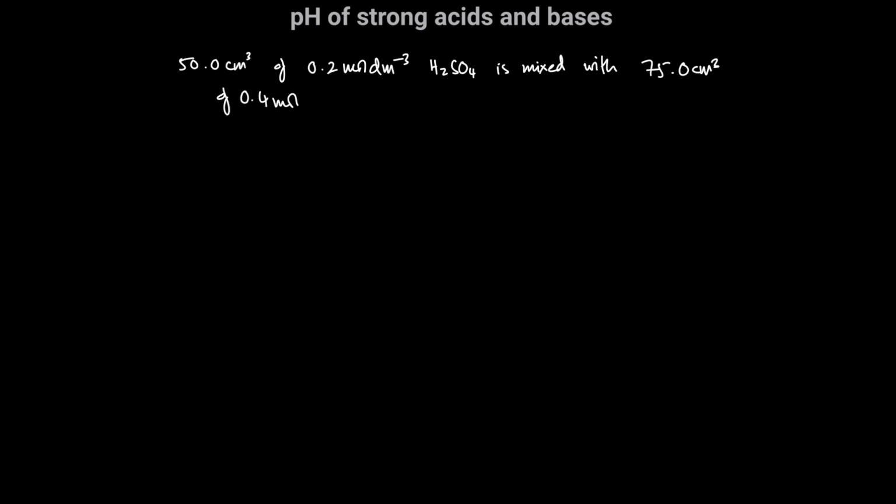The next question that we have here says that 50 centimeter cube of 0.2 mole per dm cube sulfuric acid is mixed with 75 centimeter cube of 0.4 mole per dm cube sodium hydroxide. Find the pH of the resulting solution.